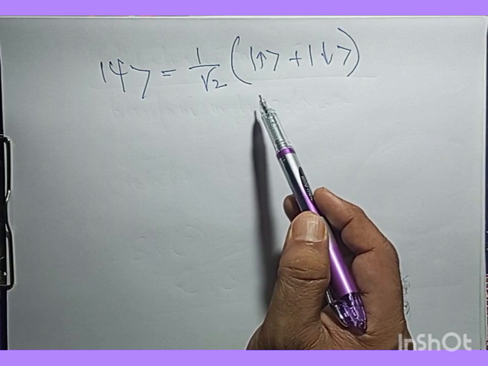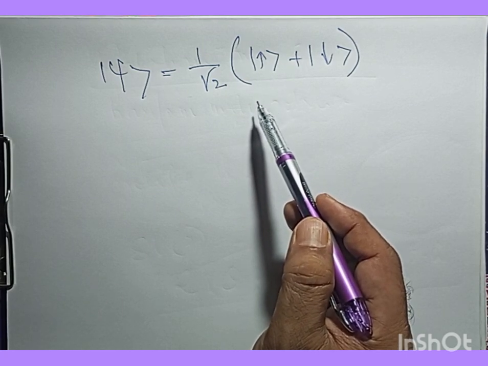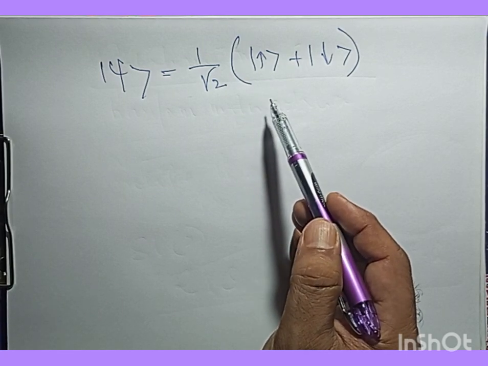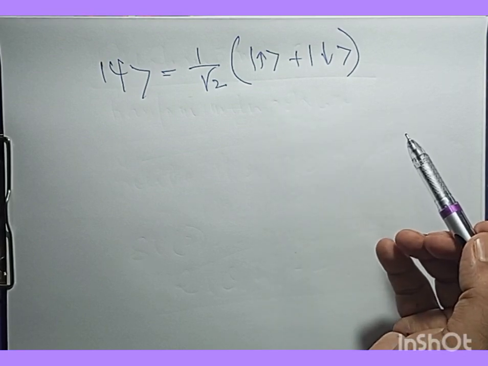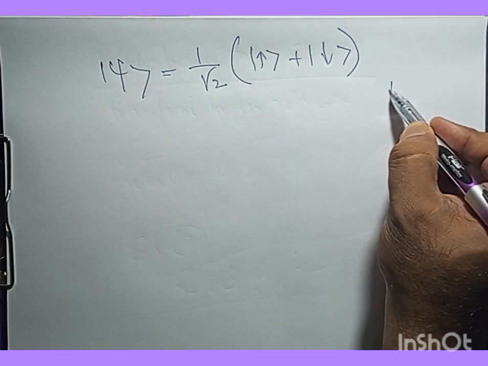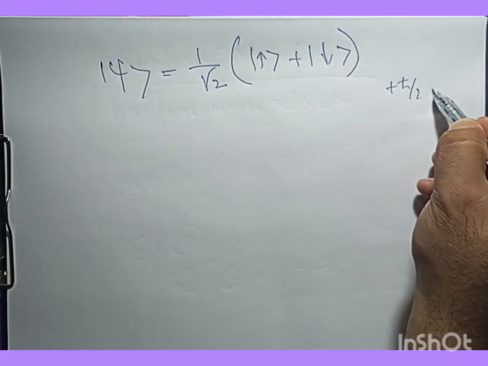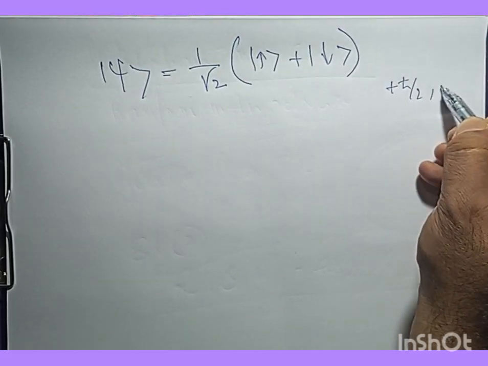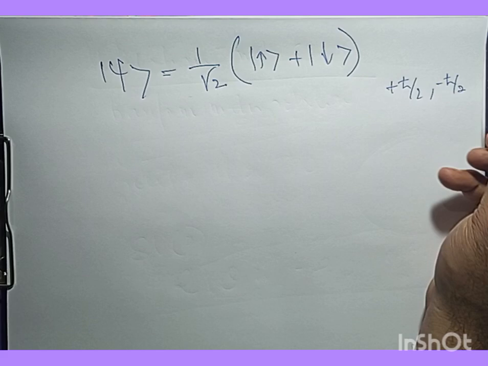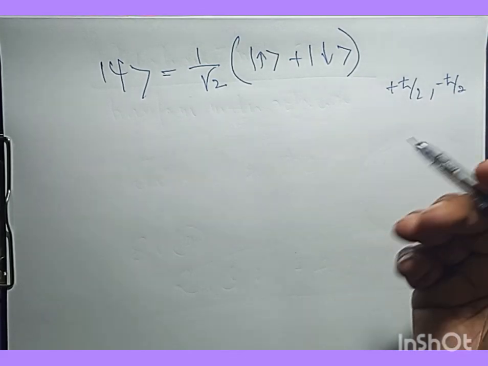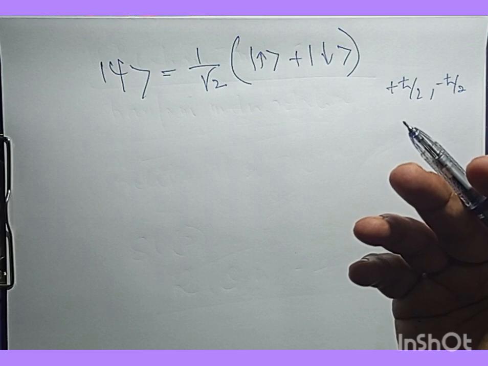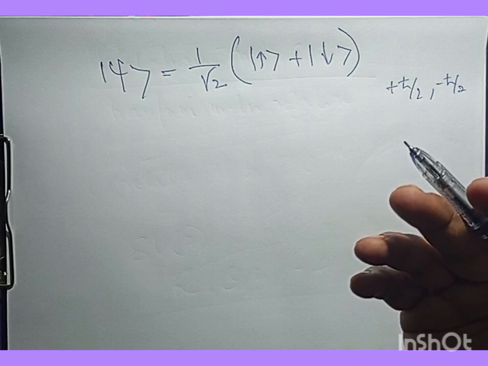So what we expect here is that the possible outcomes of the spin measurement along the z-axis have to be plus h bar by 2, which is for spin up, and minus h bar by 2, which is for spin down.